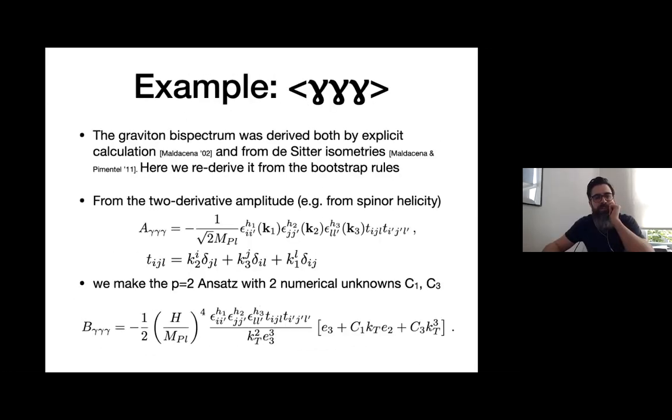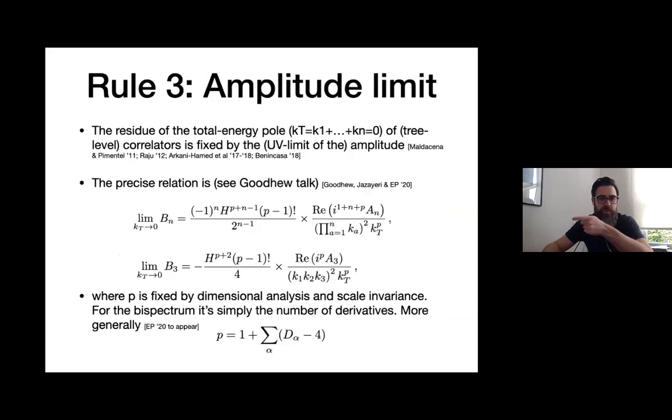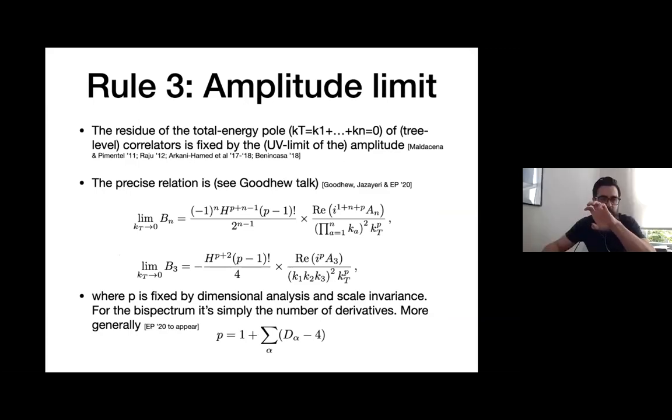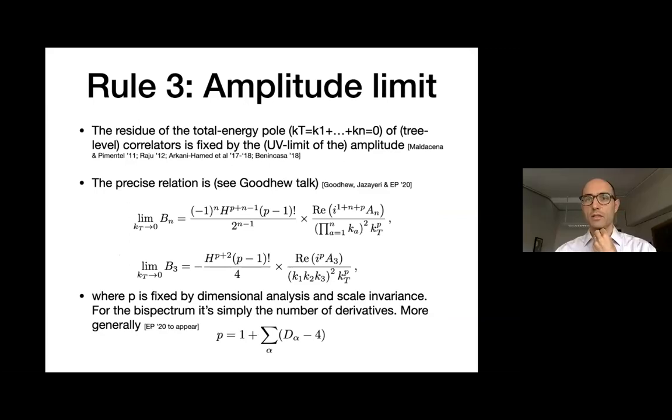Okay, then it looks like the C0 term it'll go like 1 over K total times something non-local. This is the formula. Look, when B is equal to 1 over E3 squared, KT to the P. So if you want to get the amplitude from B, you should multiply times KT to the P, which removes the K total pole completely. I see. So you only constrain the 1 over K total cubed piece. Exactly. That's correct.